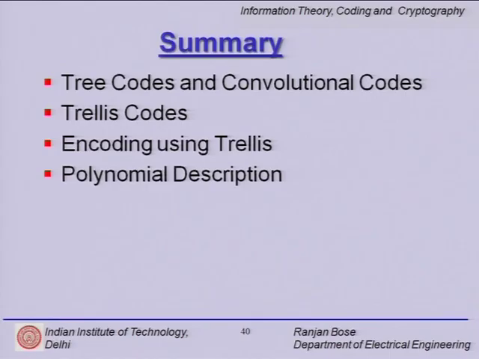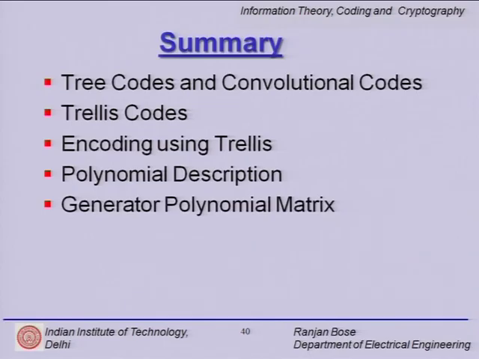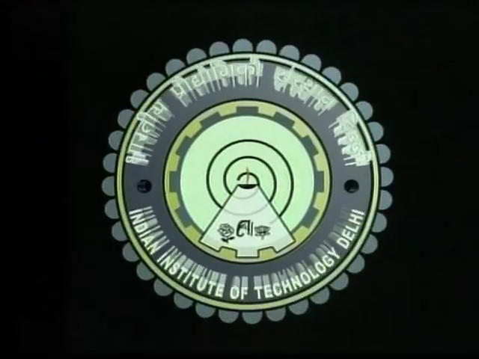We then went on to define what we mean by polynomial description of convolutional codes, and finally, we were able to represent any encoder in hardware using a generator polynomial matrix. With that, we come to the end of this current lecture.